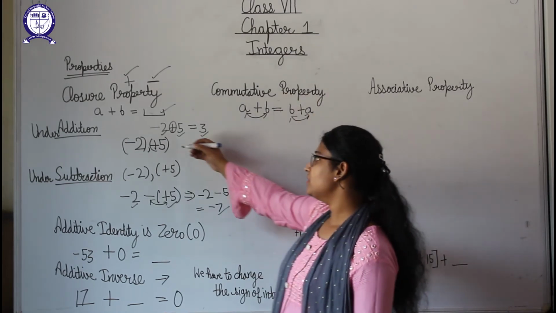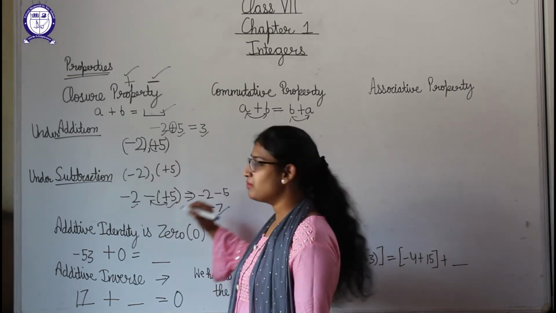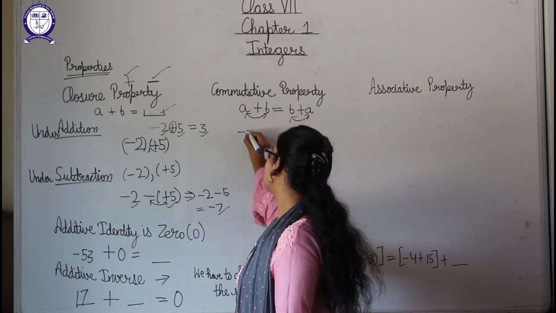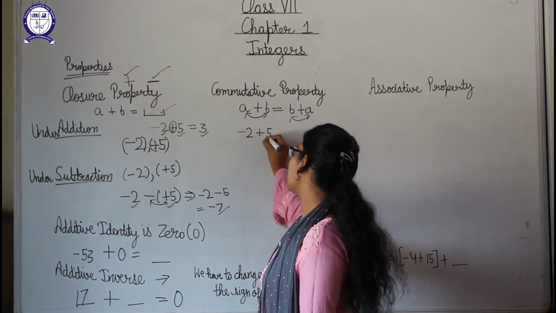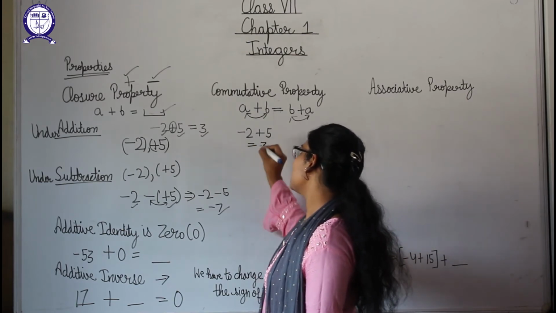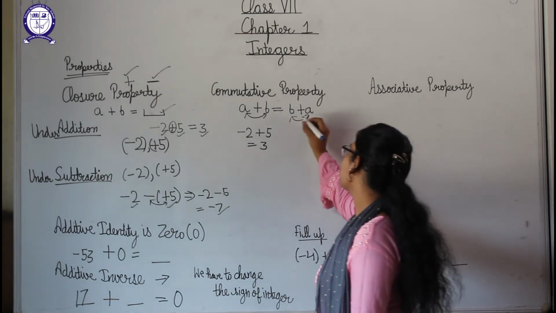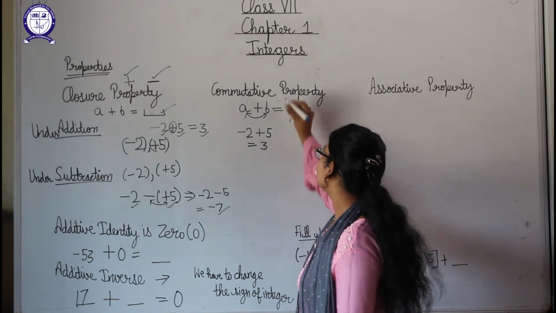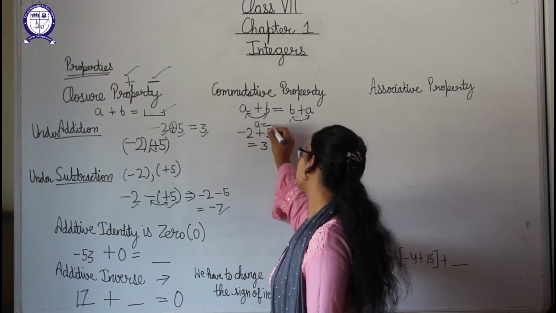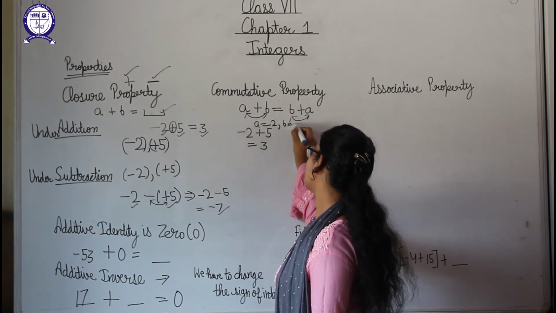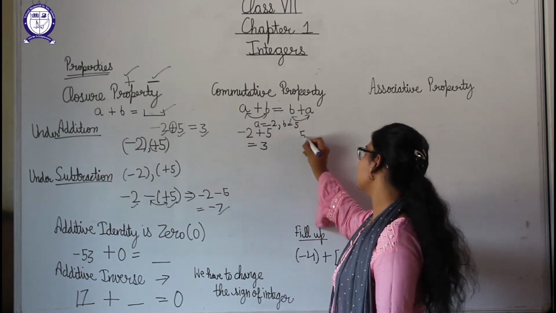Okay, so we will first try for addition. We can again take these two integers. We have taken a as -2 and b as 5. So what are we getting, students? We are getting 3 here, because 5 minus 2 is 3. Now b is 5, so we put 5 here.